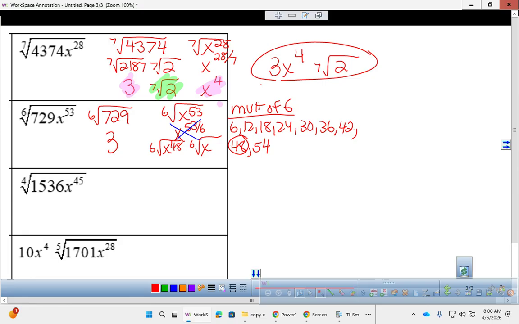What would the exponent on the second x be? 5, right? I need them to add together to be 53. 48 plus 5 is 53. Inside divided by outside gives me an 8. When the inside number is smaller than the outside number, leave it alone. Then I'm just going to write this all next to each other. So it would be 3x to the 8th, 6th root of x to the 5th.